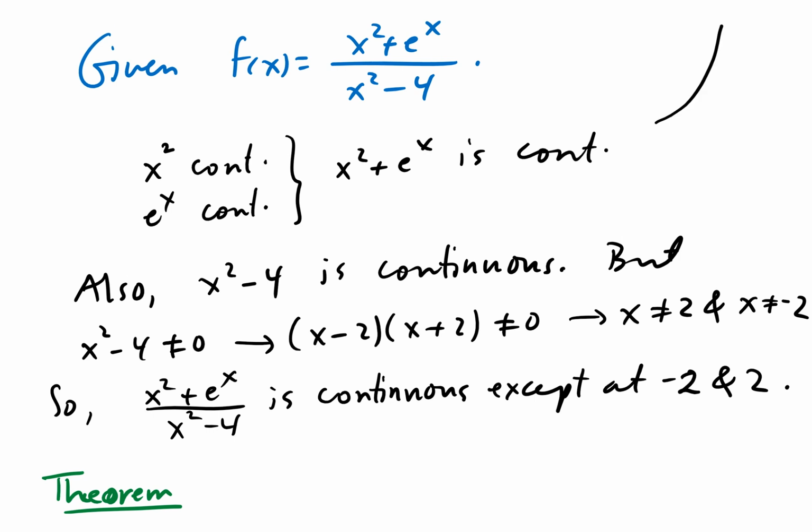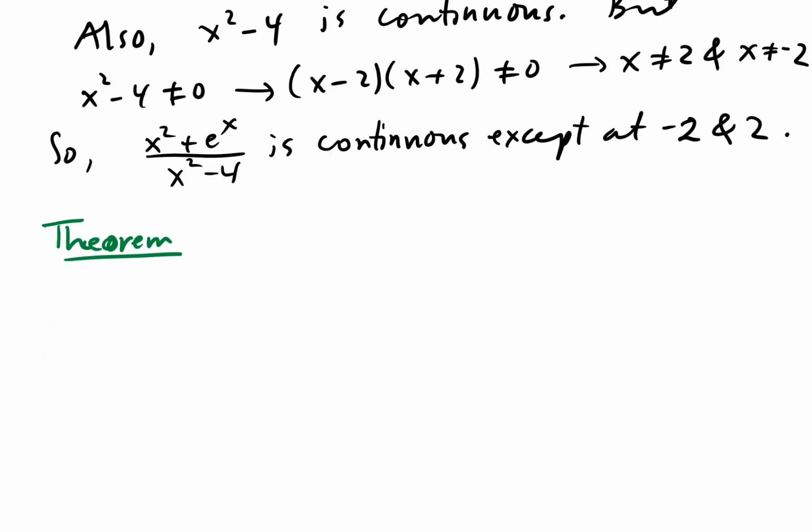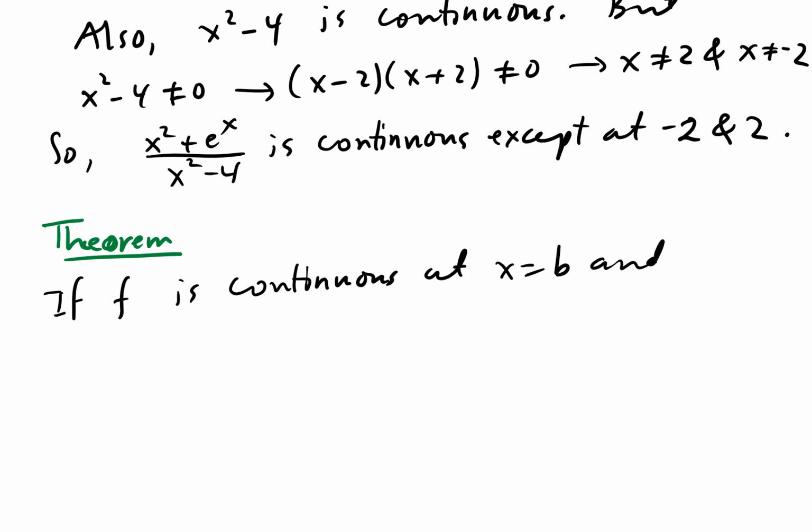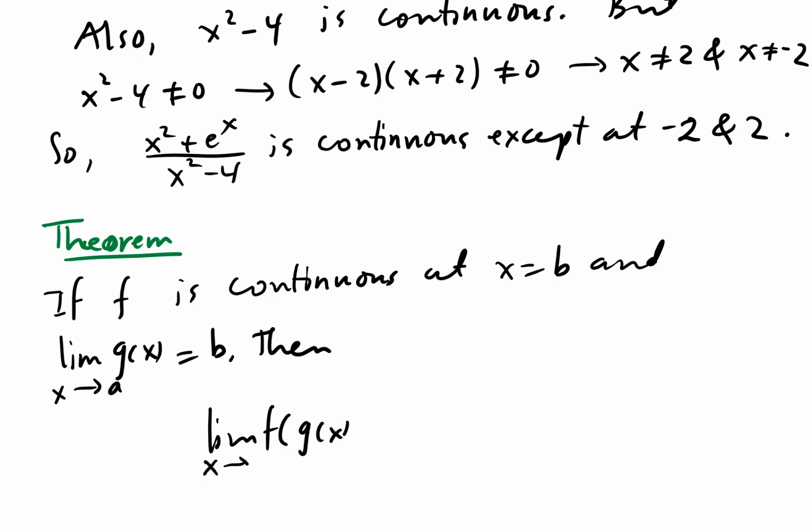So now we have a theorem. It says if f is continuous at x equals b and the limit of g of x as x goes to a is b, then the limit of f of g of x as x approaches a equals f of b.